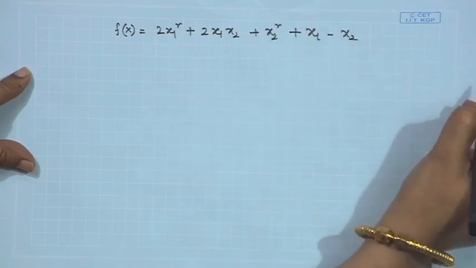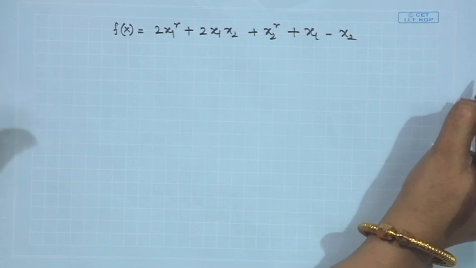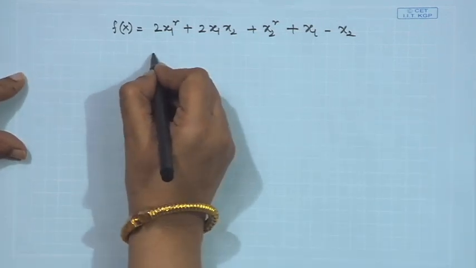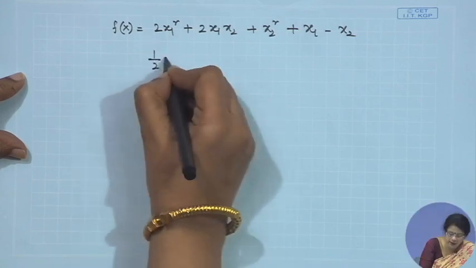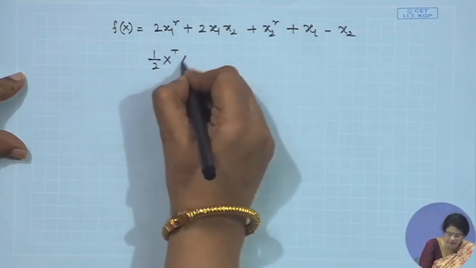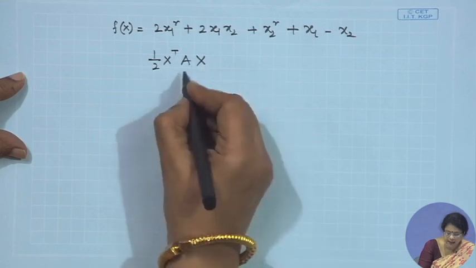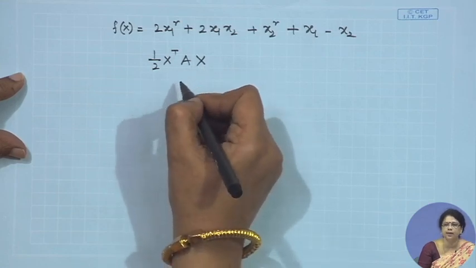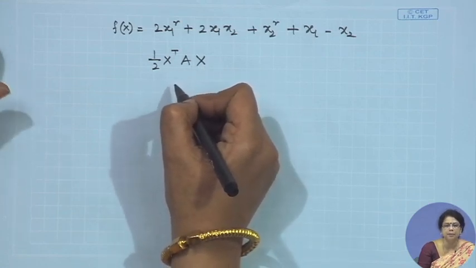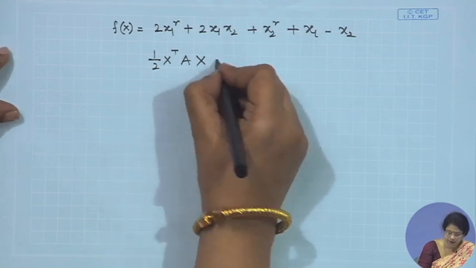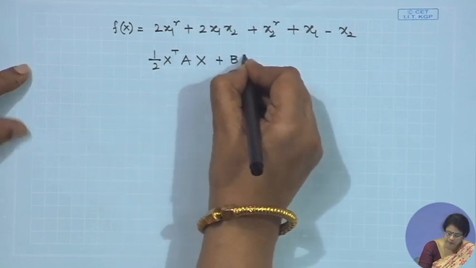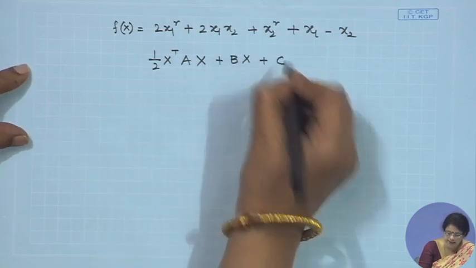This is a quadratic function of 2 variables and of degree 2, and in general any quadratic function can be written in this fashion, half x transpose A x, where A is the positive symmetric matrix, plus Bx plus C.